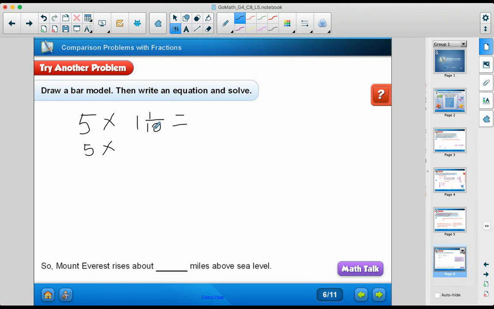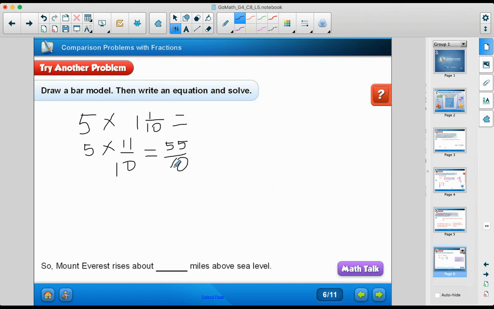I need to convert it. 10 times 1 is 10, plus 1 is 11 tenths. Then multiply the whole number by the numerator. 5 times 11 is 55 tenths.